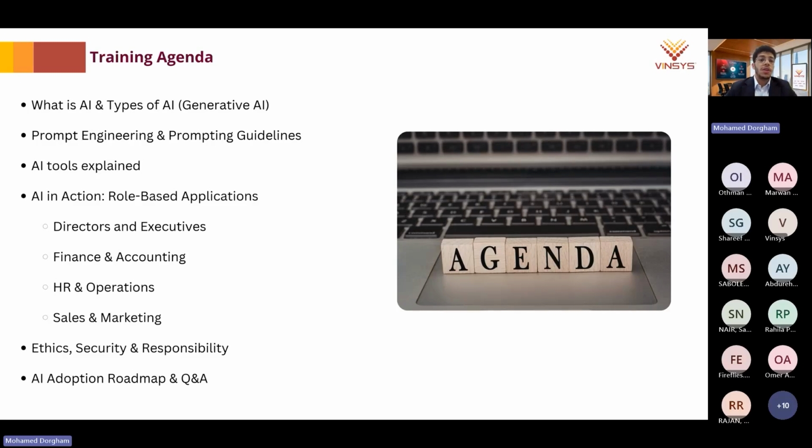And then not only that, we're going to explore and dive deep into real use cases for AI in the following departments. Now, as you know, this training is going to be a 3-hour training, and we're going to have the following real use cases. One of them is the directors. For this training, I prepared the following use cases.